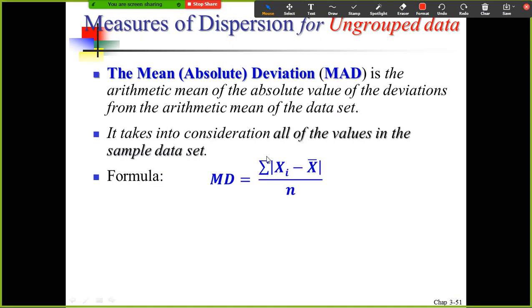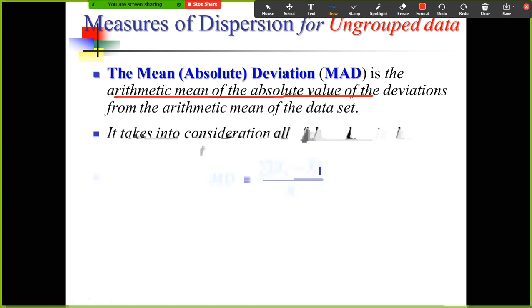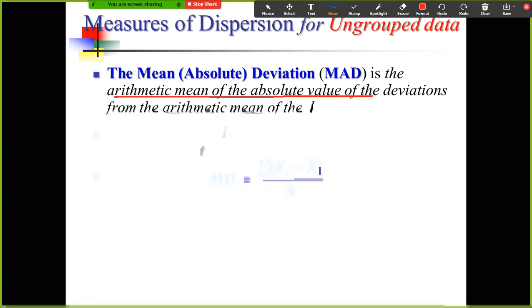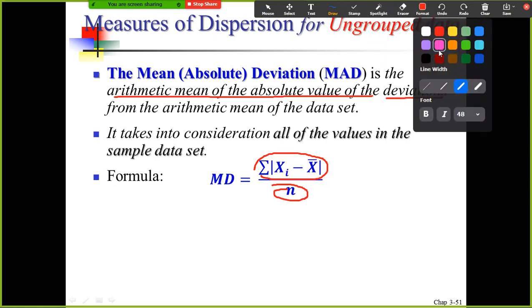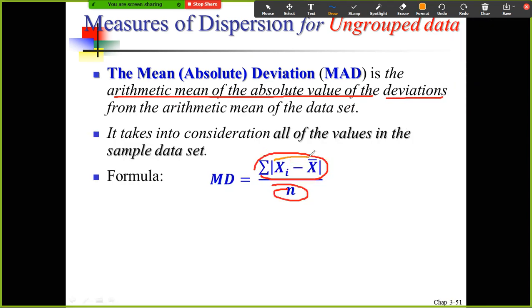So this is the formula: the arithmetic mean, sum divided by n, of the absolute values of the deviations. This is the deviation from the mean to each item in our dataset.